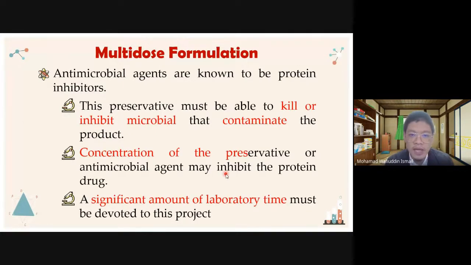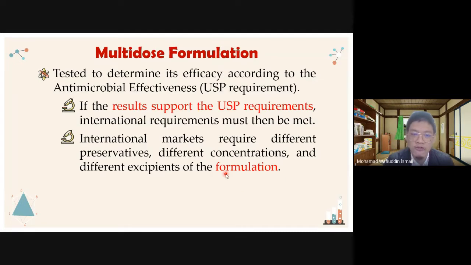Antimicrobial agents are known to be protein inhibitors. This preservative must be able to kill or inhibit microbes that contaminate the product. The concentration of the preservative or antimicrobial agent may inhibit the protein drug, and a significant amount of laboratory time must be devoted to this project. That's why multi-dose formulation takes some time. It is tested to determine its efficacy according to antimicrobial effectiveness.